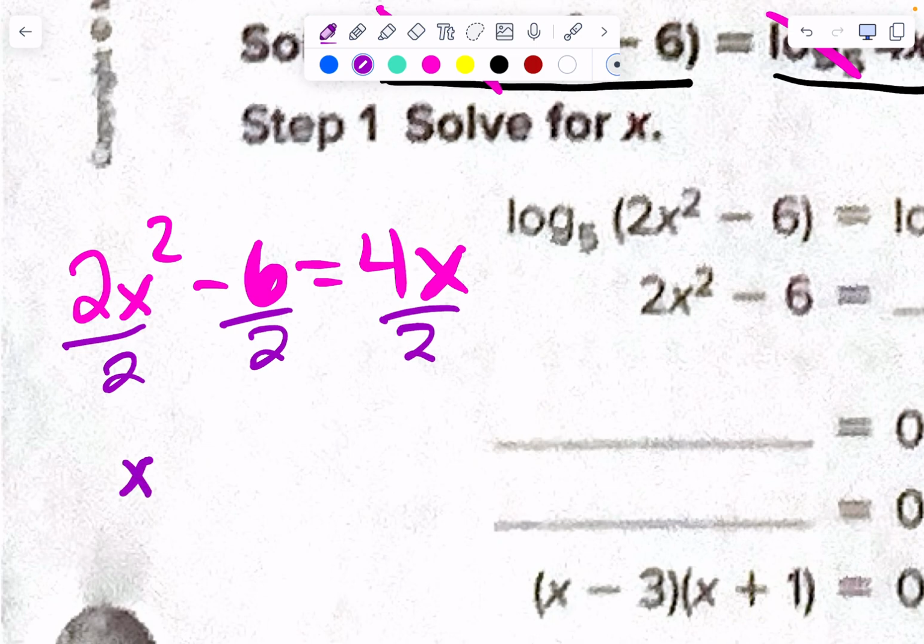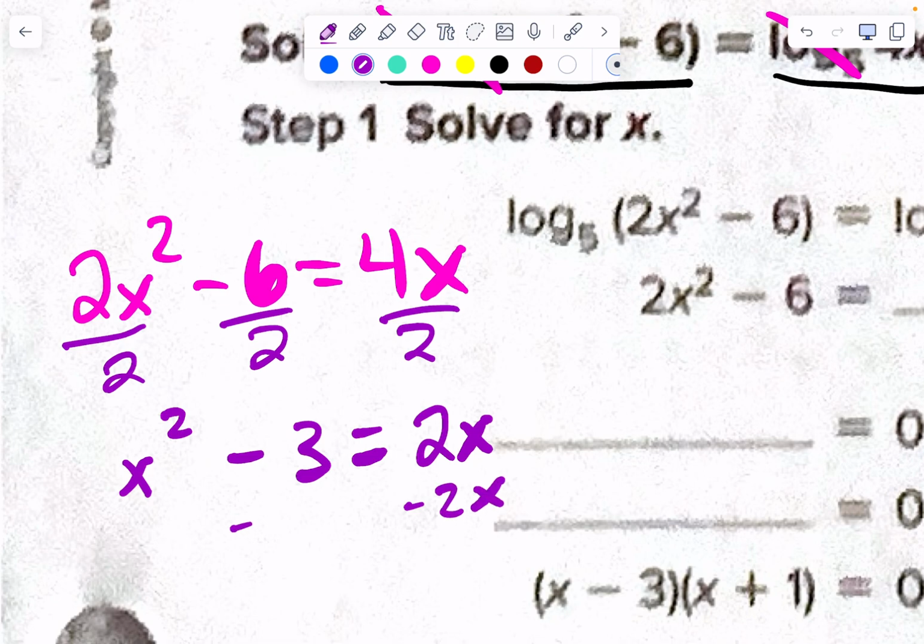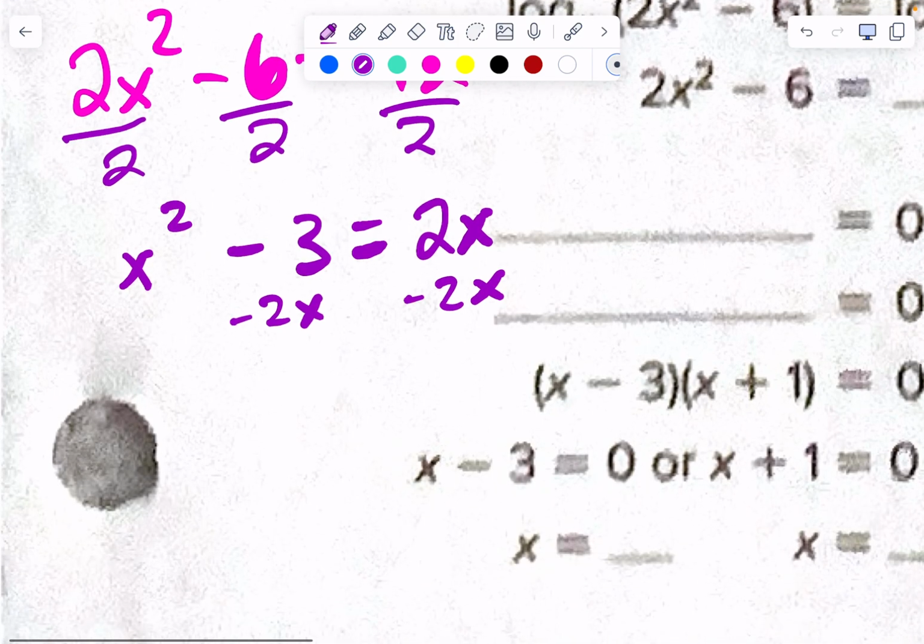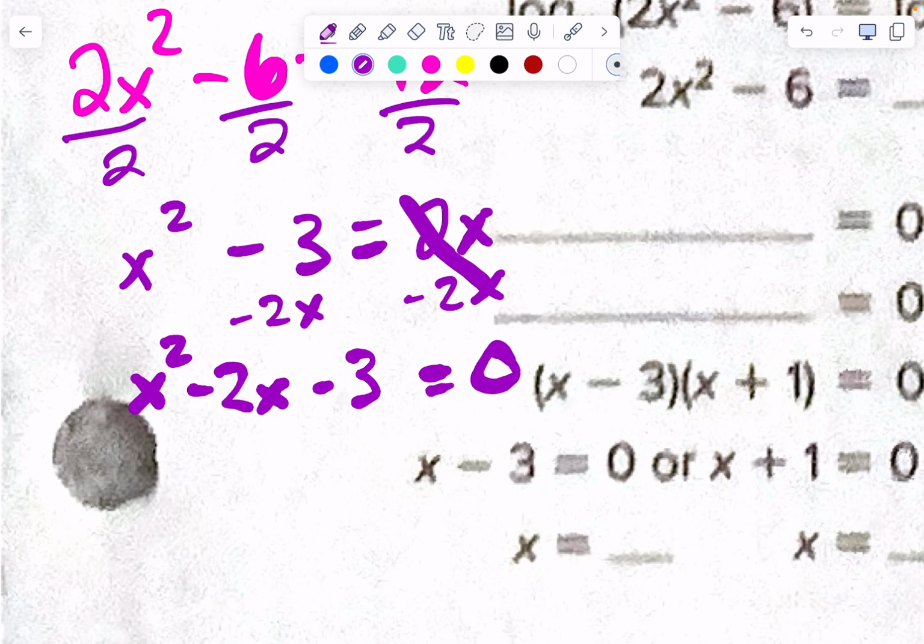So this guy will become x squared minus 3 equals 2x. Then what? Subtract the 2x over because then we will have a trinomial, right? So this guy will be x squared, and if we put him in order, minus 2x minus 3 equals 0. Okay, do you remember what we do at this point? This is a?